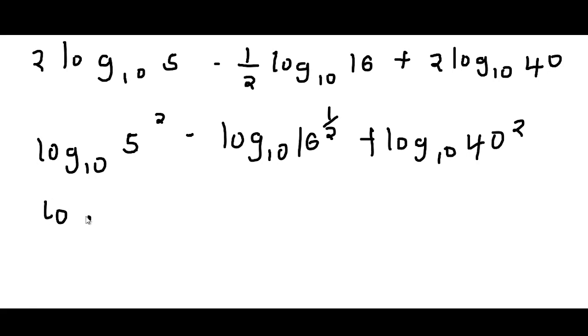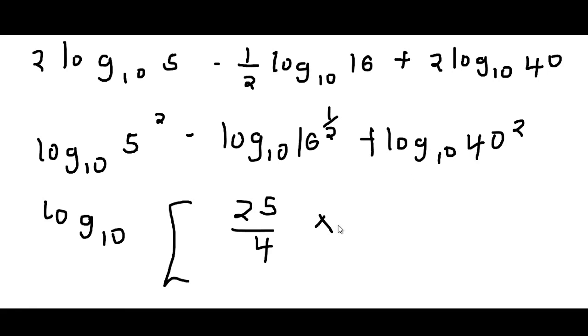So when you write it, it will be log base 10. When we see subtraction, it means that we have to divide. So it will be log base 10, and when we square 5, we're left with 25. 16 power half remains as 4. Plus, where we see plus, we write it as multiplication.